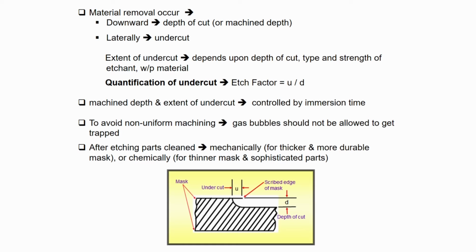Material removal occurs either in the downward direction or laterally. You can see this is the material removal in the downward direction, which gives you the depth of cut, and this is the maskant layer here. This portion was open, and this portion has the maskant layer, but there is lateral machining, and because of this lateral machining, undercut occurs.